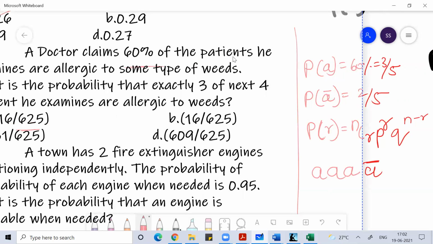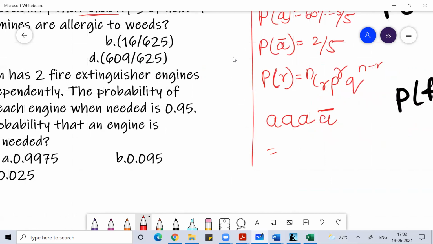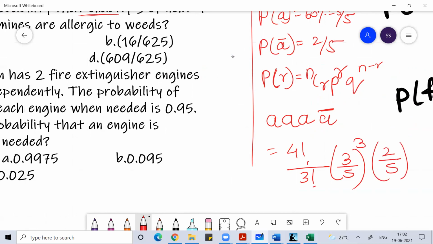In how many ways can you arrange this? This is 4 factorial by 3 factorial 1 factorial. Allergic probability is 3 by 5, that is 3 times, and non-allergic is 2 by 5, that is 1. So you don't need the formula nCr p to the power r q to the power n minus r, you can solve the problem without that also. 4 factorial by 3 factorial is 4.